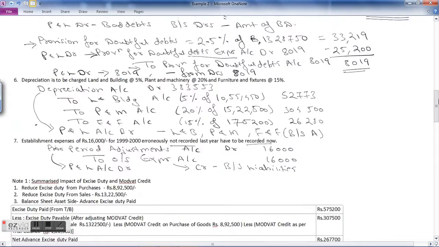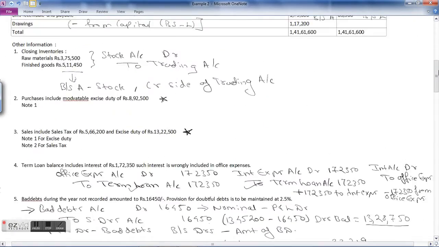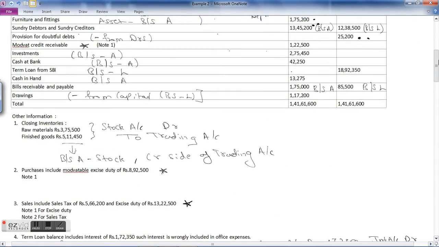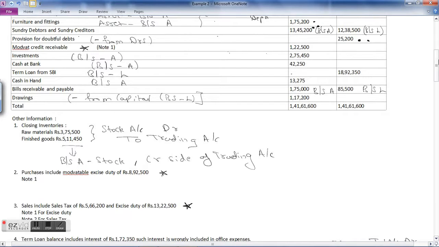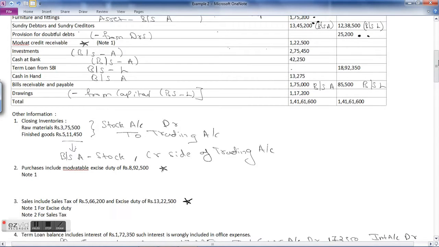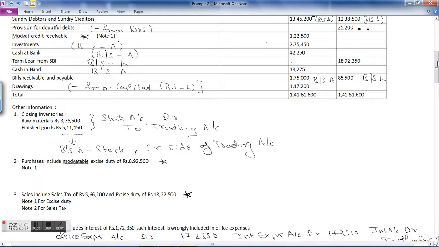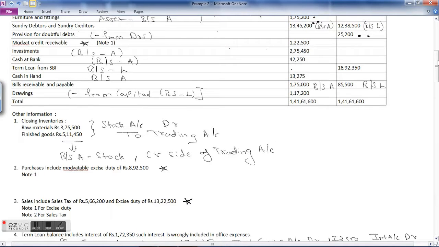Then the next one, okay, sundry debtors and sundry creditors. So sundry debtors will come in balance sheet asset side. Then it has two markings, so we'll leave some space for sundry debtors. Okay, there are some adjustments related to sundry debtors. Then sundry creditors will come to balance sheet liability side.